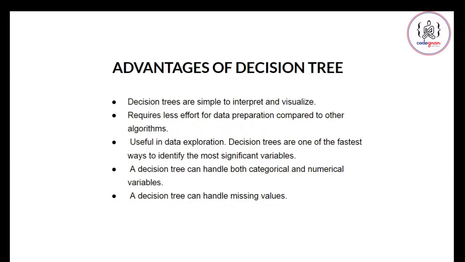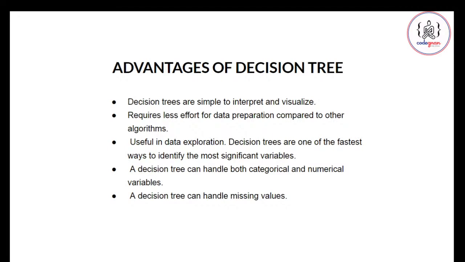If you build your decision tree, it is one of the fastest ways to identify your most significant variables. All right, what are most significant variables? Those variables or features which have more impact on deciding these classes as fail or pass.